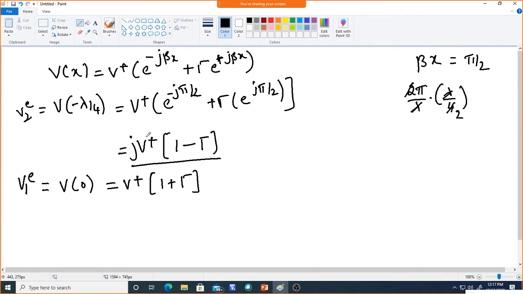Now if I want to find the value of V plus, you just take these two equations. Say for example this is 1 and this is 2.